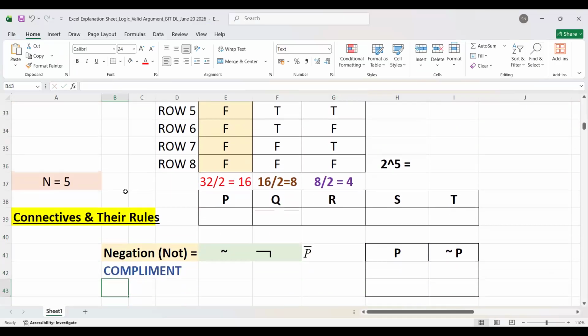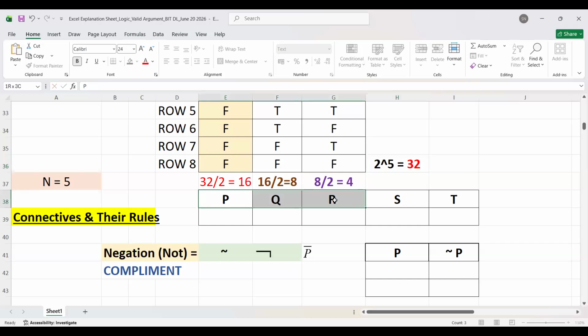Can you help me with this? If n is equal to 5, what is 2 raised to the power 5? We are not going to draw the table, but let's illustrate it. 32. Okay, so 32, the 5 will stand for P1, Q2, R3, S4, and T5.